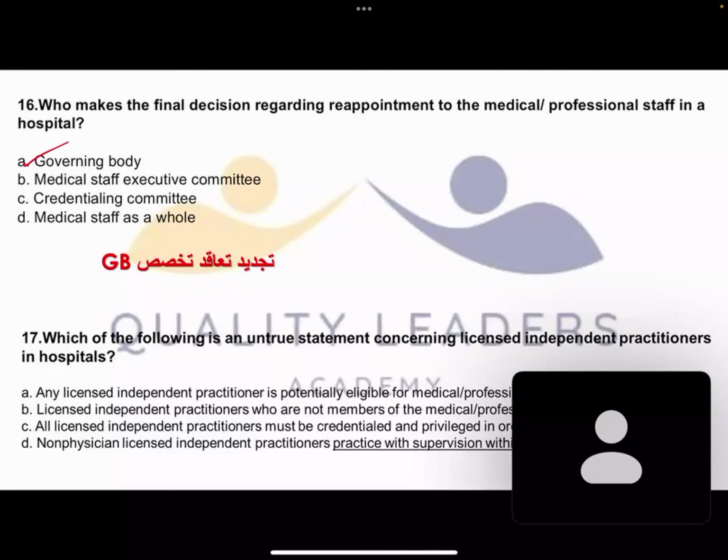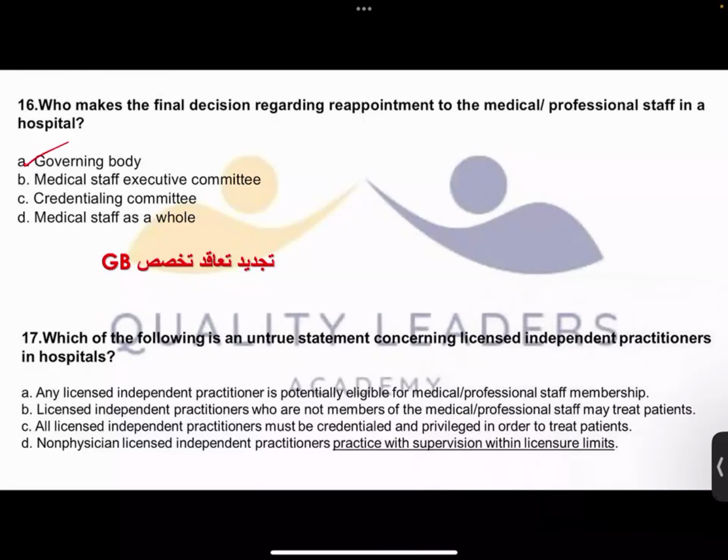Which of the following is untrue concerning licensed independent practitioners, or LIP, in the hospital? A, any licensed independent practitioner is potentially eligible for medical professional staff membership. B, licensed independent practitioners who are not members of the medical professional staff may treat patients.